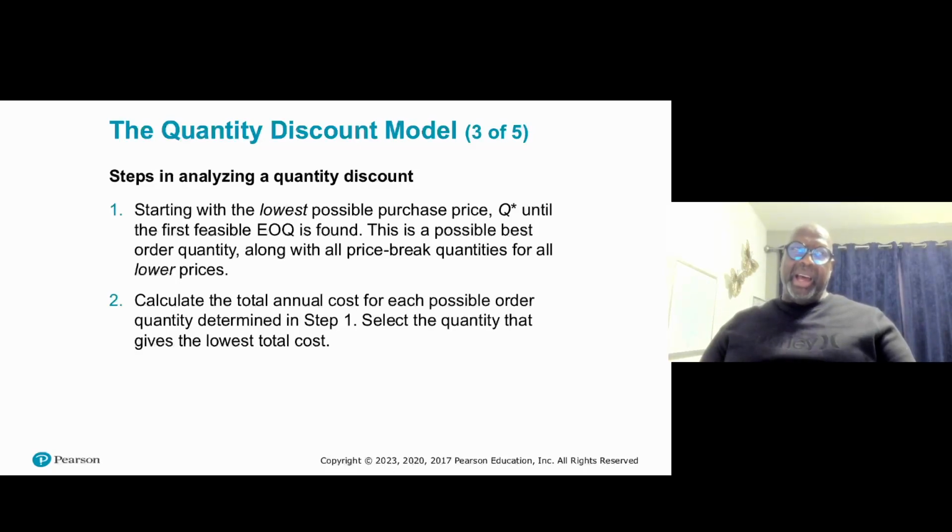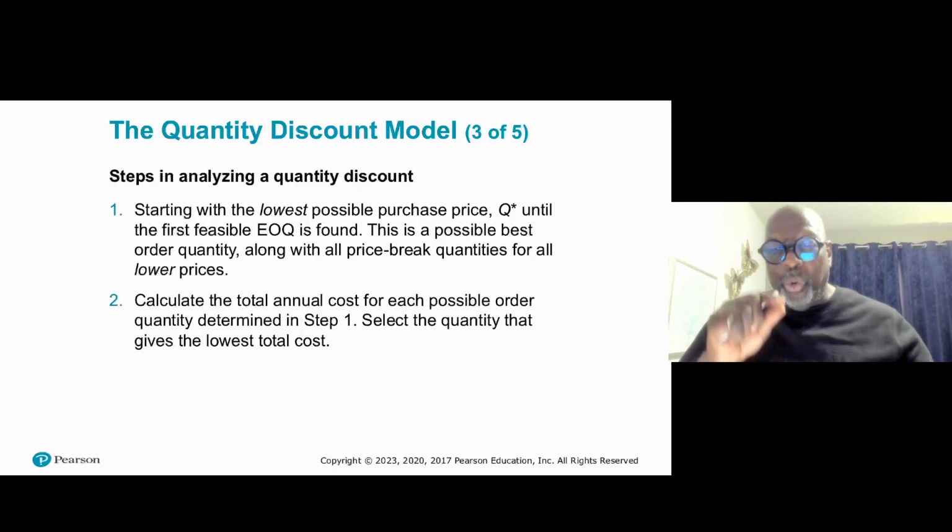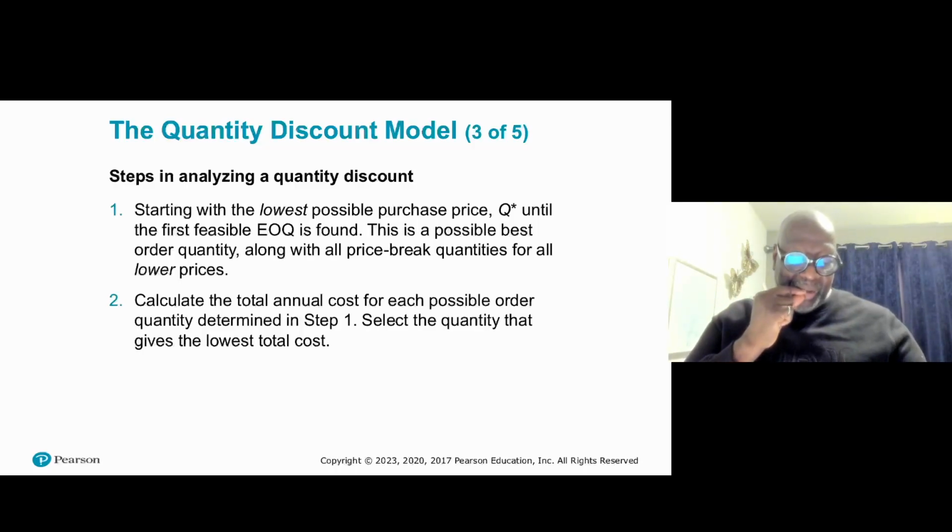But if it is not a feasible economic order quantity, let's say the very lowest price was $96 for 1,500 or more, and the EOQ based on that price was actually 1,200, well, you cannot order 1,200 and get that discount. So you say, let me just order the minimum to get the discount, and that minimum is 1,500. So I'll order 1,500.